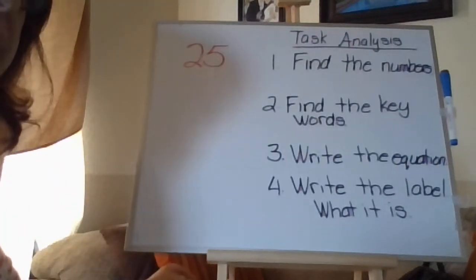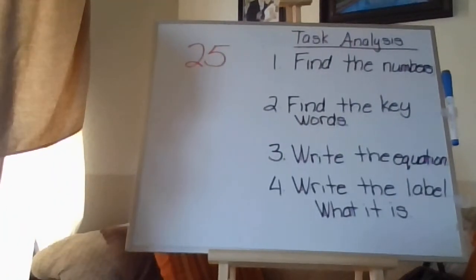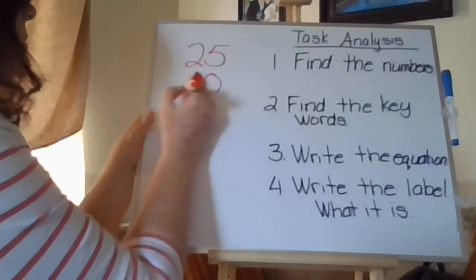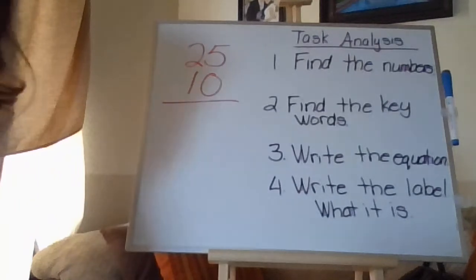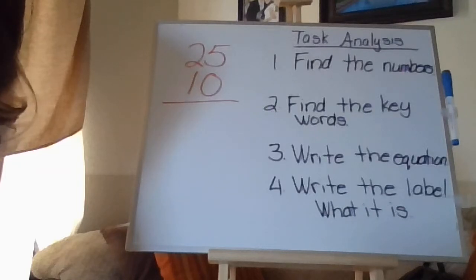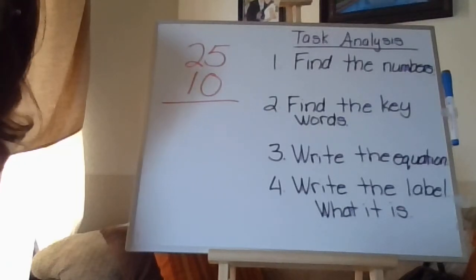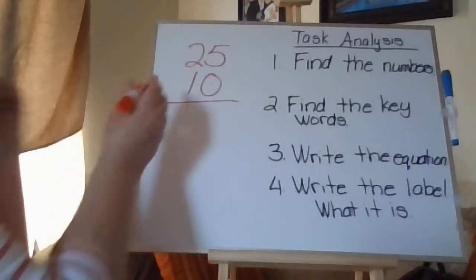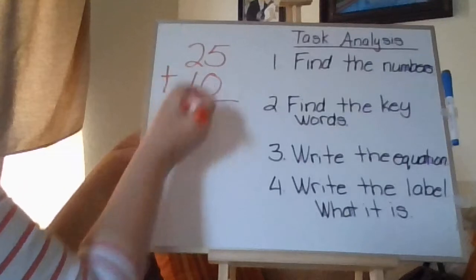Good. Her mother gave her 10 more. How many pieces of candy does she have altogether? What's the key word? Altogether. What does altogether tell us to do? Add or subtract? It tells us to add.